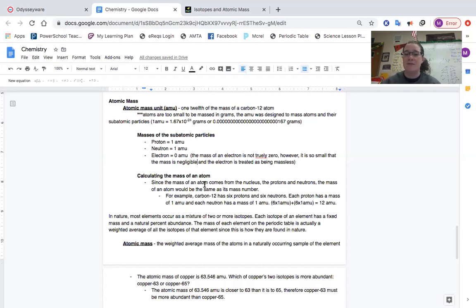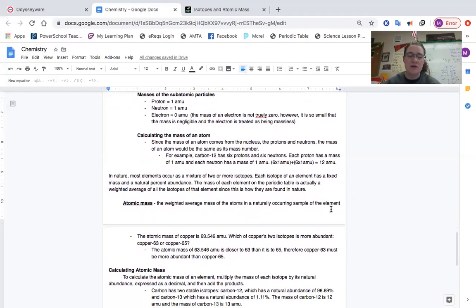And so the mass of an atom would be the same as the mass number. For example, here we're looking at carbon 12. Carbon 12 has 6 protons and 6 neutrons. Each one of those has a mass of 1 AMU. So if you have 12 total particles and they all have a mass of 1, the mass would be 12 AMUs.